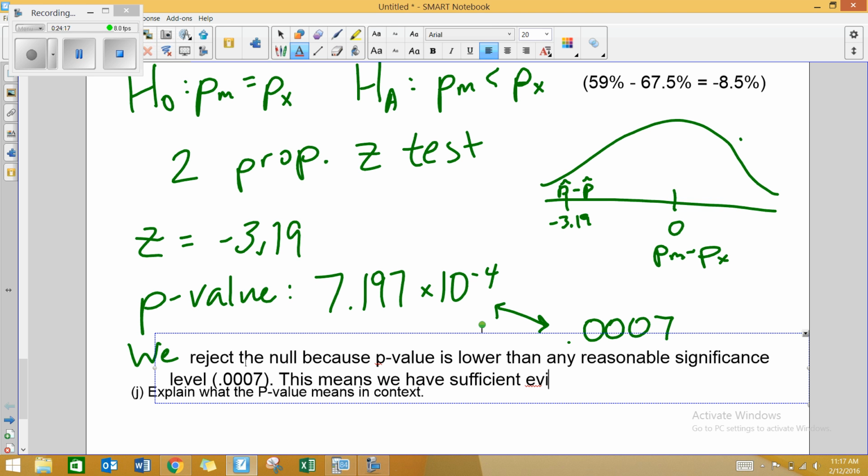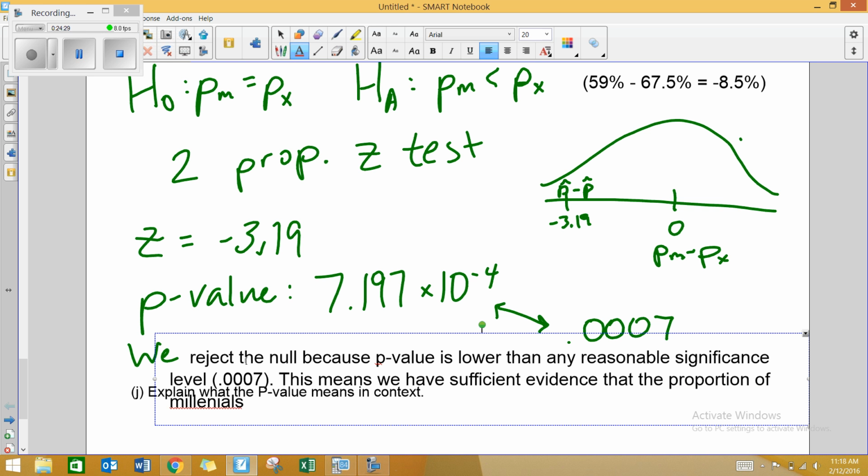So we have sufficient evidence that the proportion of group 1 who feel like there's a good Prez candidate is lower, right?